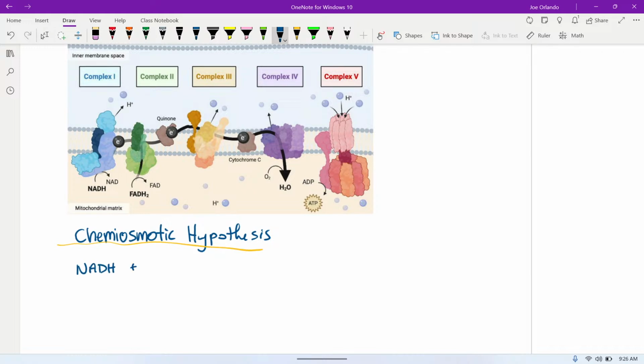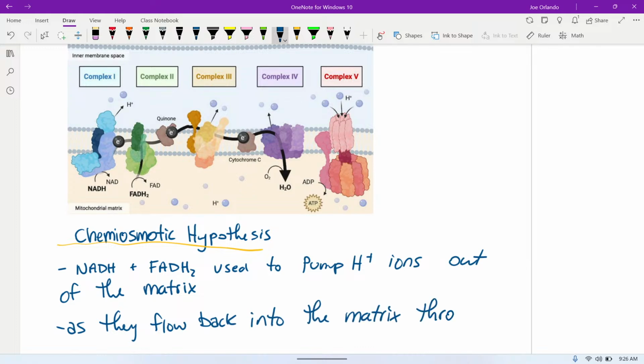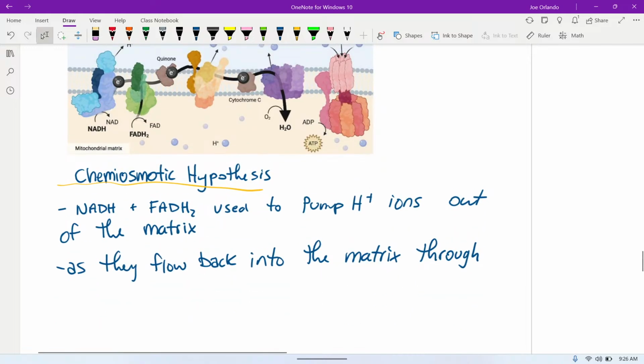NADH and FADH2 are used to pump H plus ions out of the matrix. As they flow back into the matrix, through the ATP synthase molecule.